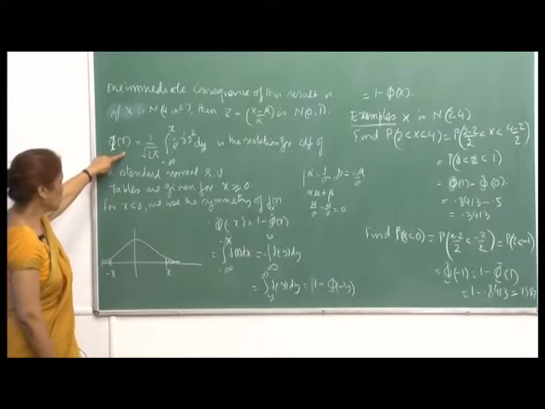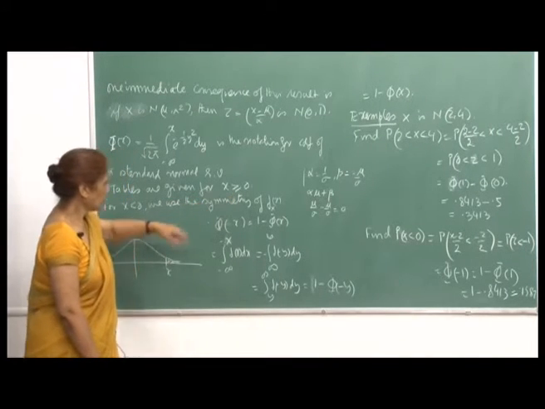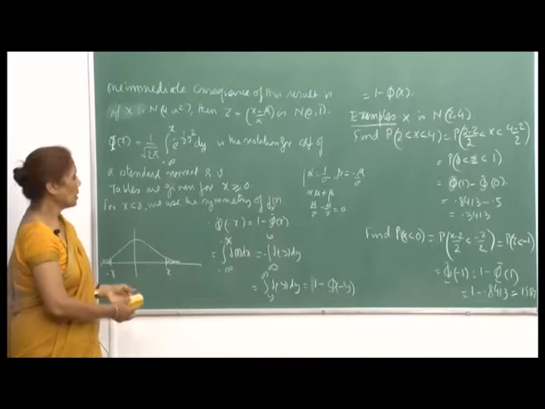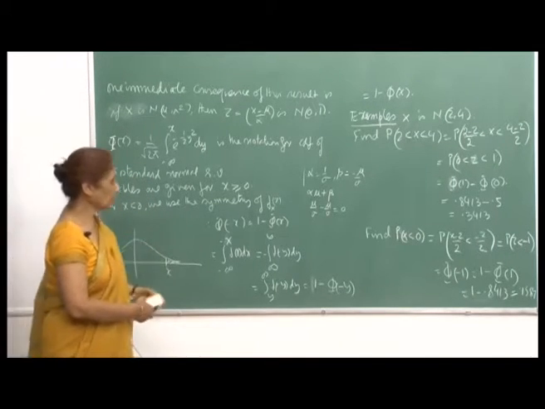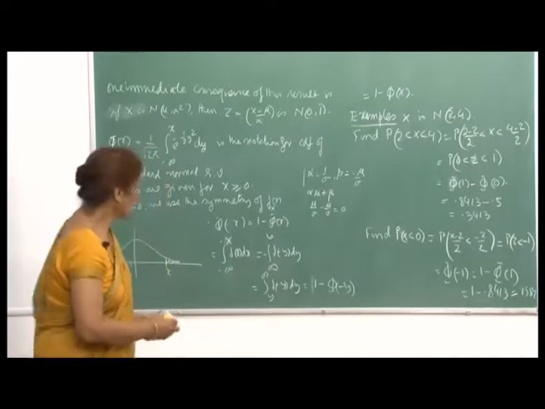Now, the tables are given for x non-negative, for values of x going up to, well, okay, we will also later on see that we do not need the values to be tabled for very large values of x.